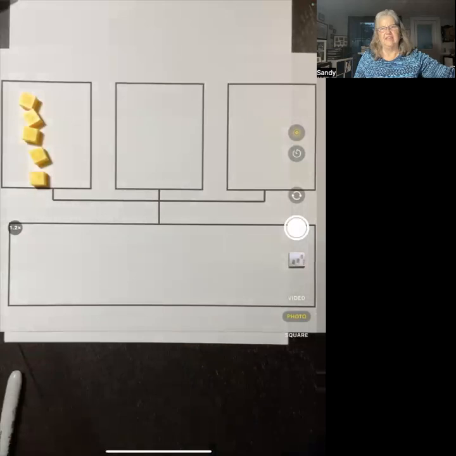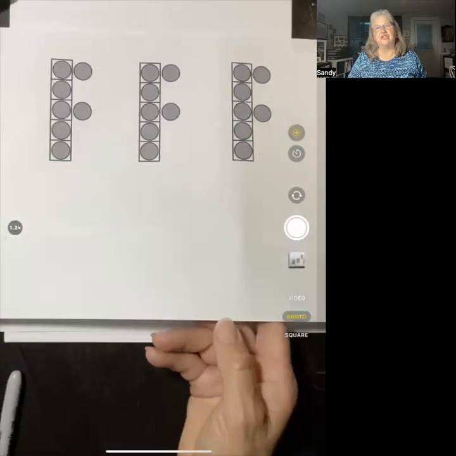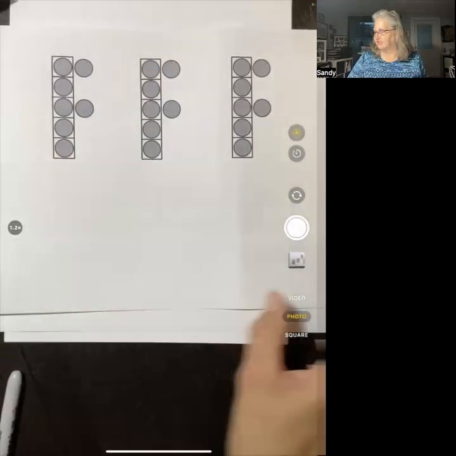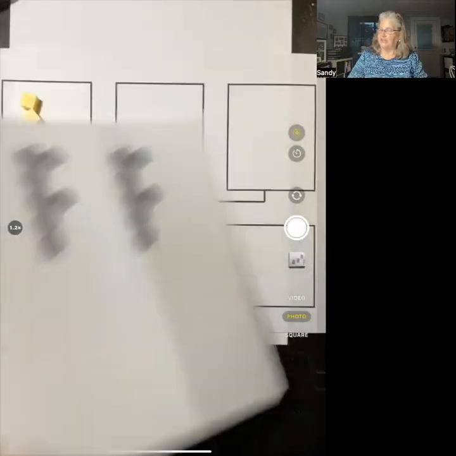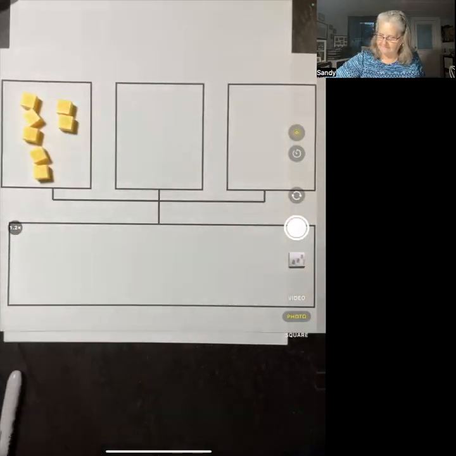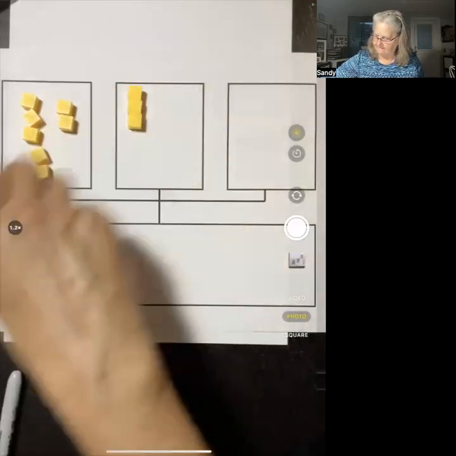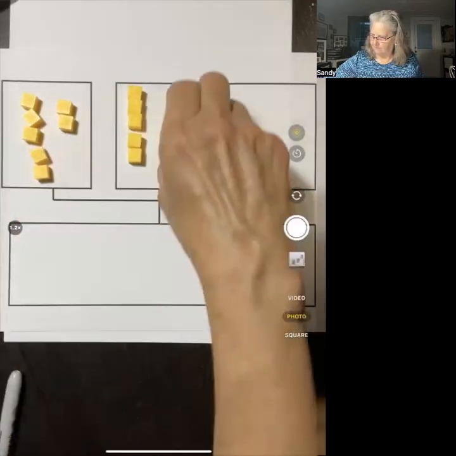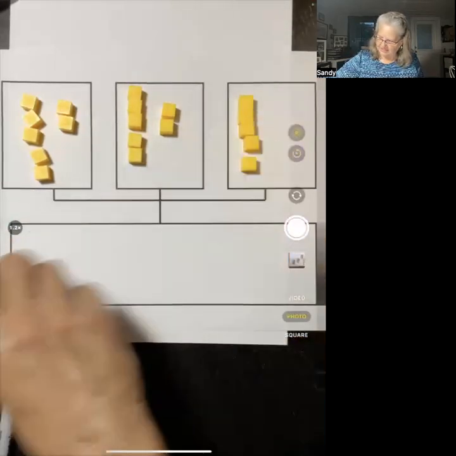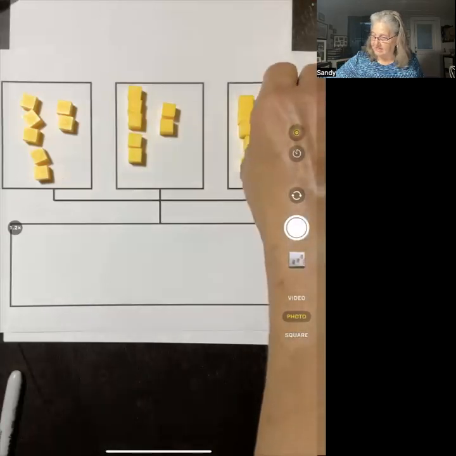And in the 5-frame, 10-frame video, I showed you something that looked like this. What is 3 7s, 3 5s, and 3 2s? Well, this is one of the other ways to work with that. Here's 1 7.